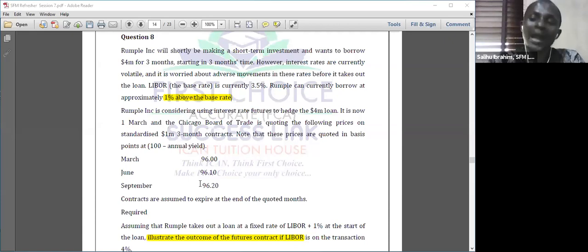Now, another thing you need to understand is that futures contracts are standardized contracts, and they are available for every quarter, like the March, June, September and December futures contracts. Are we together? So you buy the contract that matures immediately after your transaction.